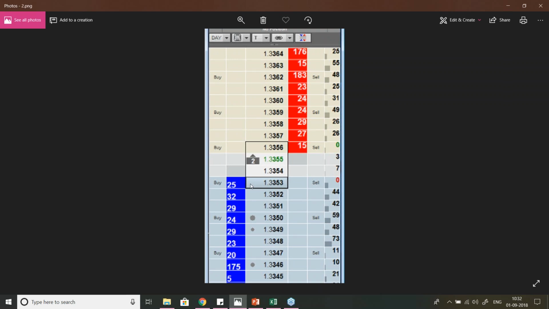Just because there are 200 lots here doesn't mean this is going to go up if there is another market also existing which has another order book. You are getting my point? Just by looking at one market and one order book, you cannot say it is going to go up even if the volume is huge. Yes, you cannot predict. By looking at half of the information, you cannot make a prediction. So when you have the complete data, only then can you make a prediction. Online participants, did I make it clear? Are you able to understand?